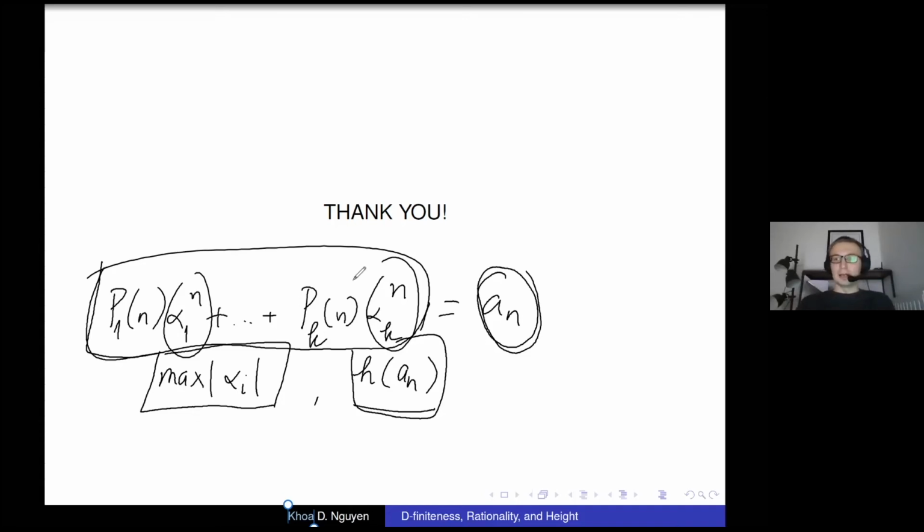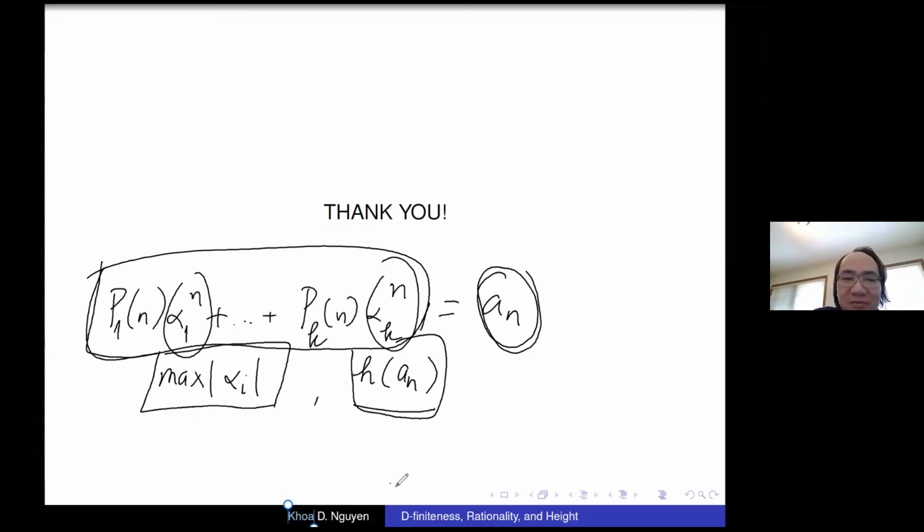There's a question in the chat. Alexei is asking about interesting examples with coefficients which are not in Q, because all the examples presented in the talk had coefficients in Q. What are your favorite examples with non-rational coefficients? In principle, you can have examples where your coefficients are not in Q, but interesting ones, I am not so sure.